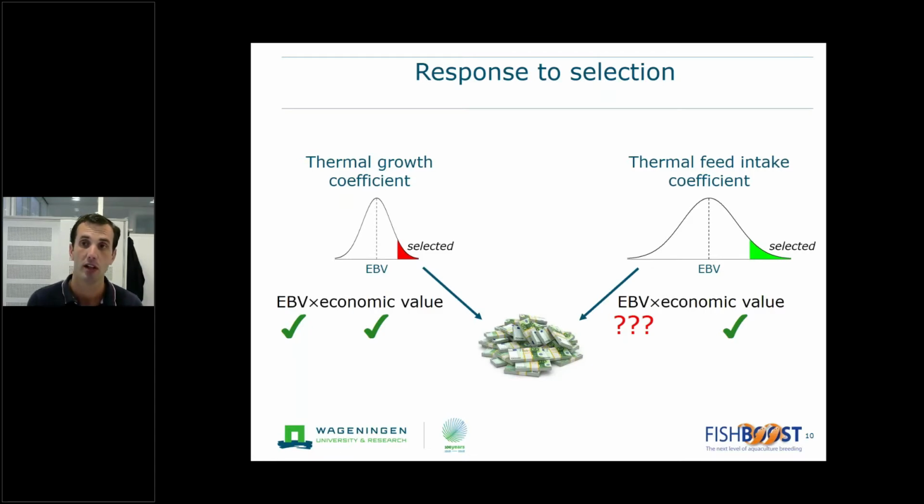And because very little information is generally available, we have to make some assumptions with respect to genetic parameters. And I started with a bioenergetic model for energy allocation, based on which I simulated the regression of cumulative feed intake on body weight gain, for which I estimated the genetic parameters for thermal growth coefficient and thermal feed intake coefficient.